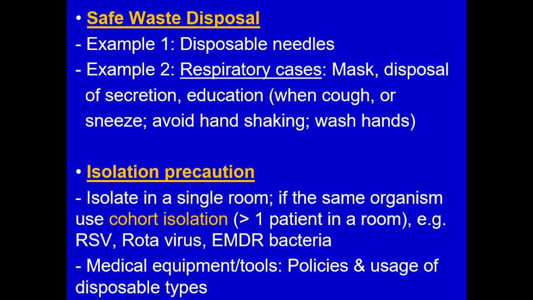If it is the same organism, suppose you have a patient who has got Streptococcus pneumoniae and another patient with Streptococcus pneumoniae, there is no harm to put these two patients in one room. This is called cohort isolation.